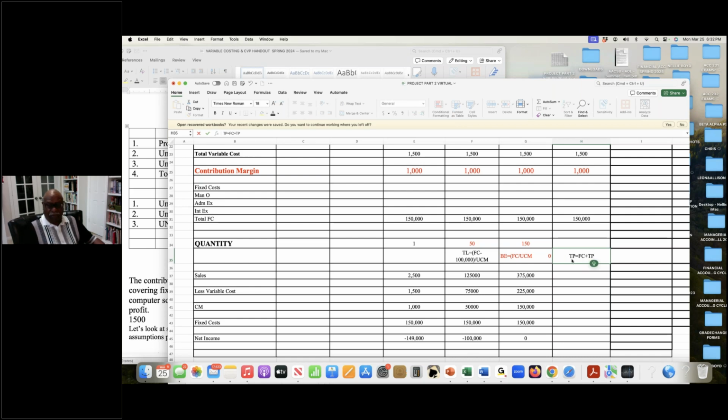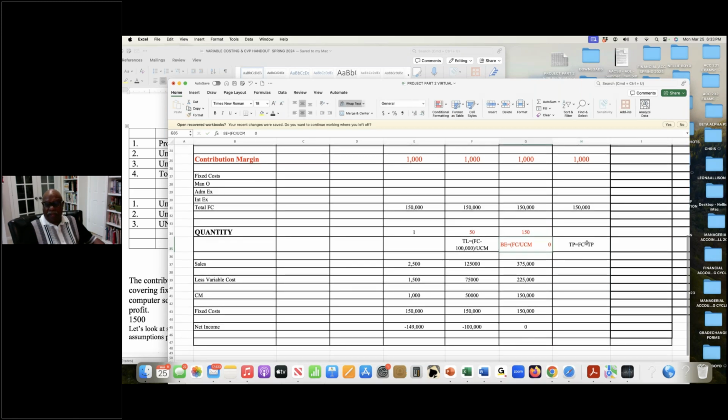Let me put this in here again. The target profit is going to be equal to the fixed costs plus that target profit, which in this case was $1 million, and we'll be using $1 million all the time.